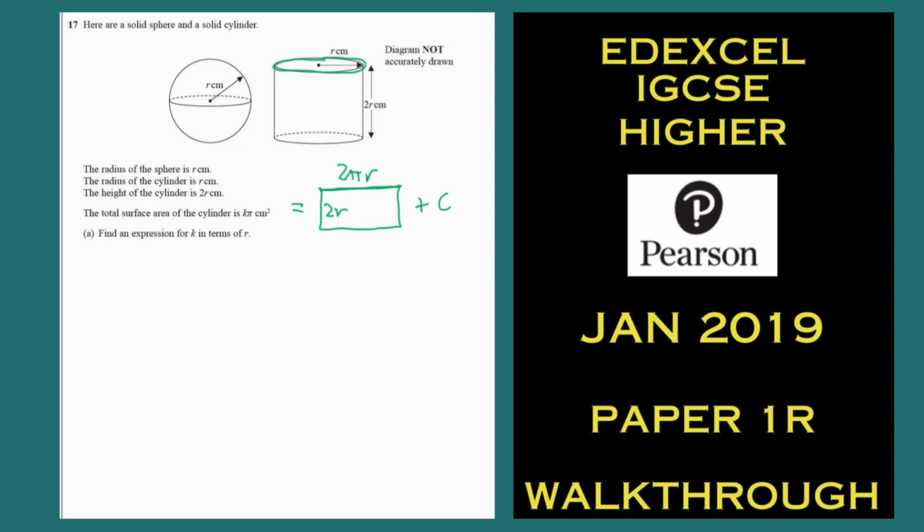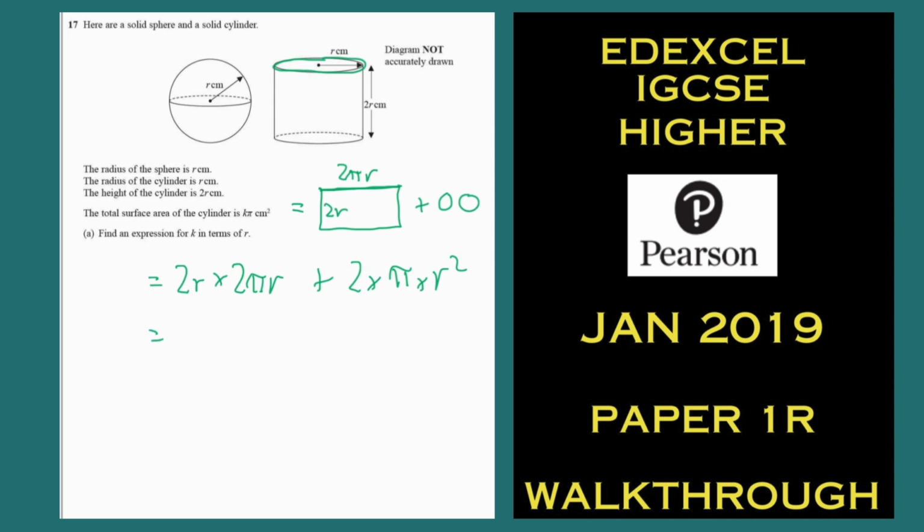But then you've also got the circular top and the circular bottom. So let's just do it. So the rectangle is 2r times 2 pi r, and the two circles, they're both the same, so we just do 2 lots of pi times the radius is r, so it's just r squared.